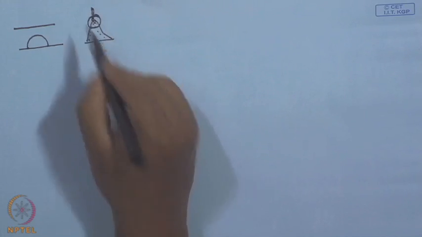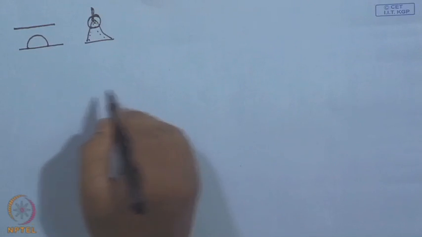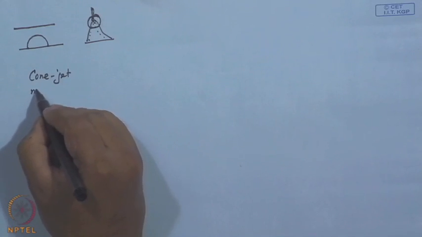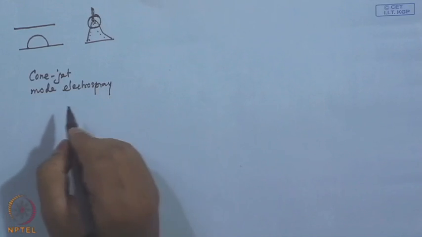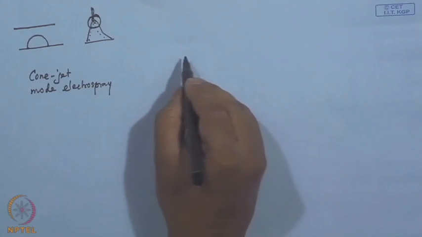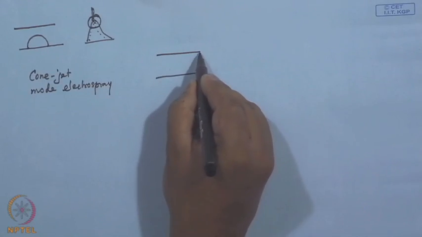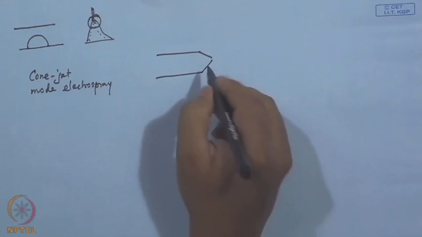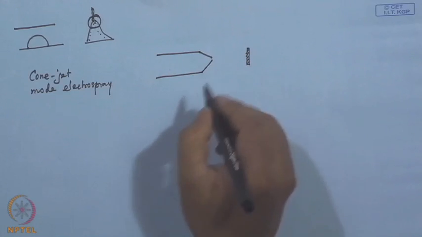Now, this idea has been used in something called cone jet mode electrospray. What is done in this cone jet mode electrospray is there is a metal capillary, this is the end of the cone, and then there is a grounded plate.